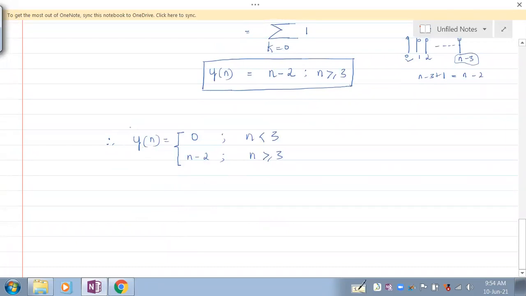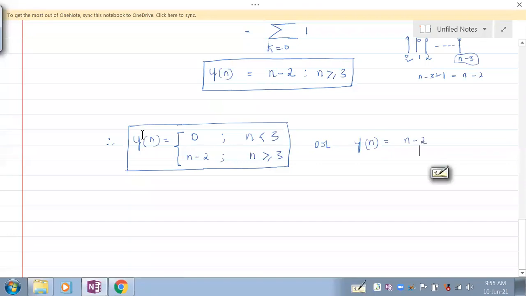The same result can be written in terms of the unit step function. Can anybody tell me how to write this in terms of the unit step function? You should be able to do that by now. y of n is n minus 2 from 3 to infinity.